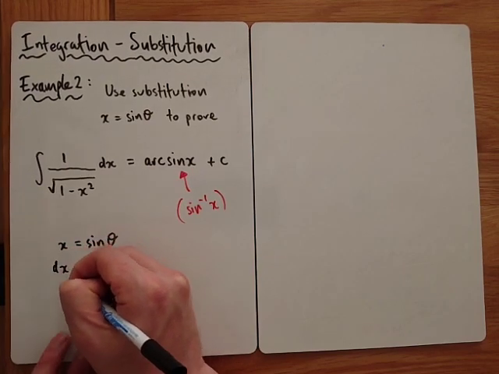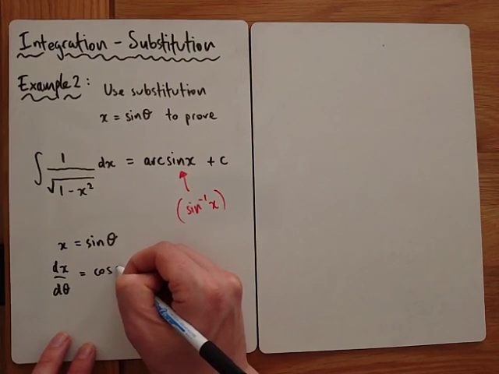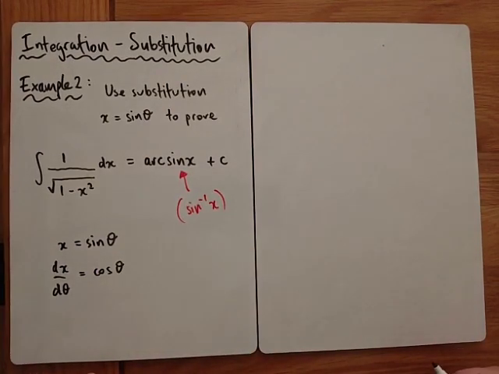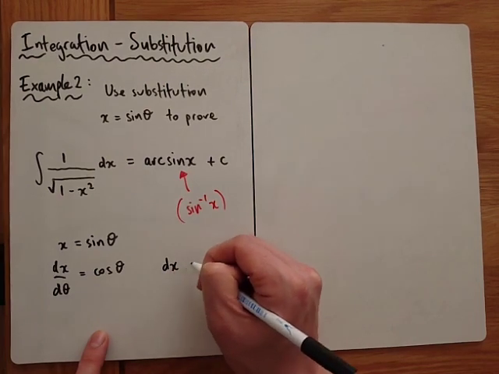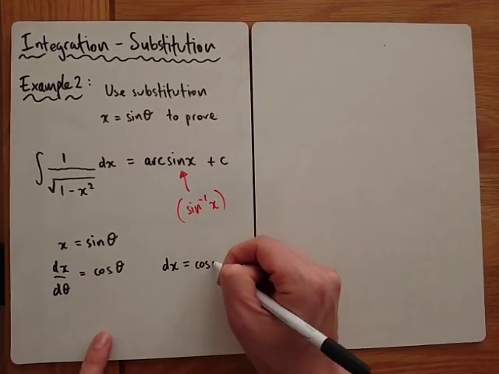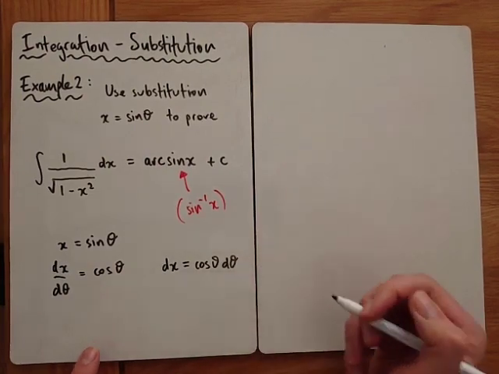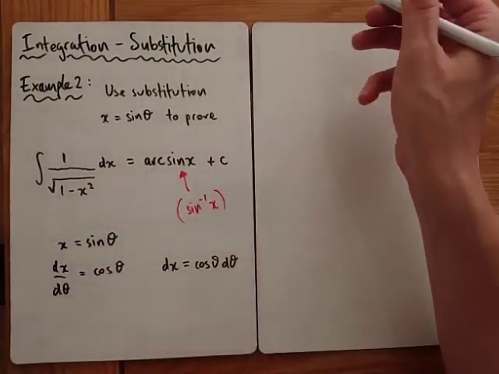So dx by d theta will equal cos theta. So dx would equal cos theta d theta. So let's see what we can replace inside our integral.